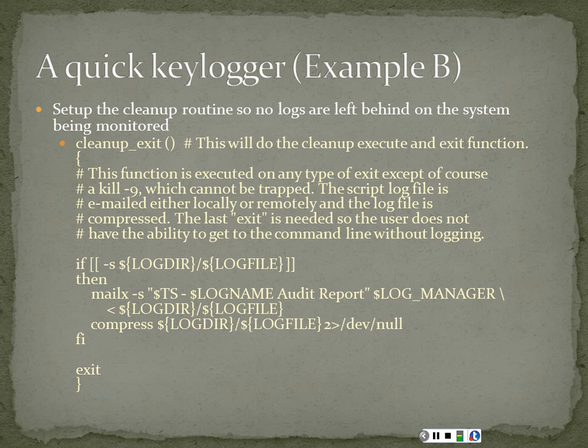But it creates a logdir and log file based on DateTime stamp, and calls it an audit report and sends it off over to Logman Manager. It compresses it and then drops any extraneous copies to dev null. So there's no record left behind on the computer. It's actually a little bit more sneaky, right? And then exit out, because it will then write the file out and we're done.